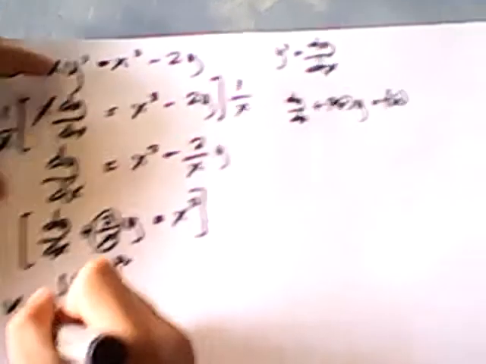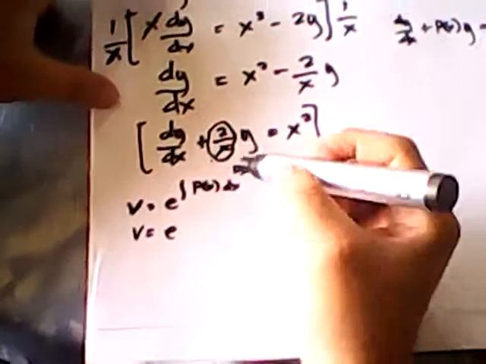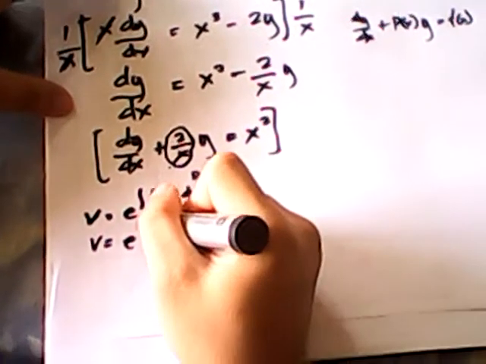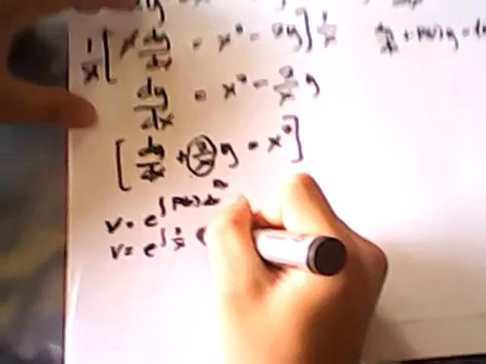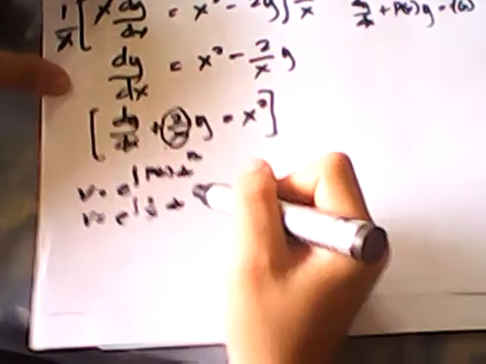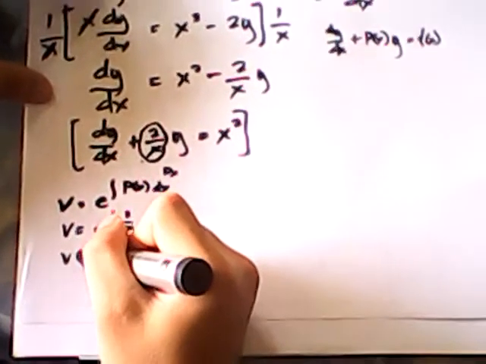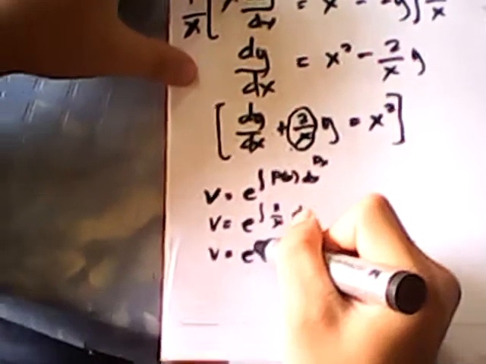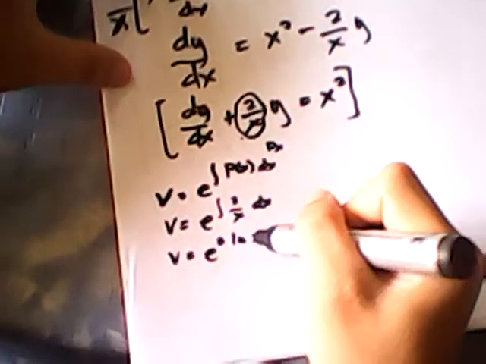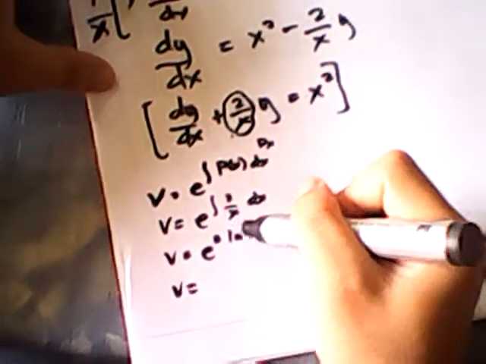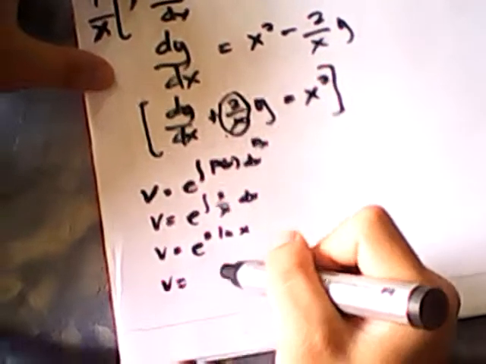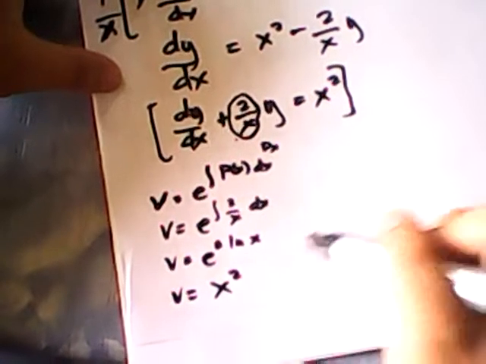So v is equal to e to the integral of 2 over x dx, so v is equal to e to the ln of x squared. We can write this as x squared.